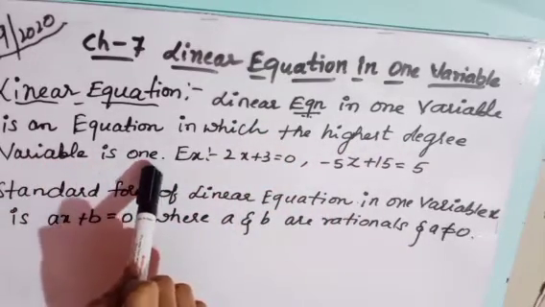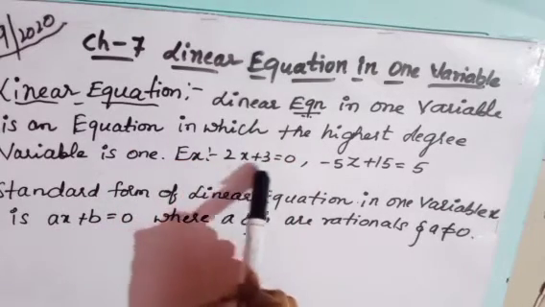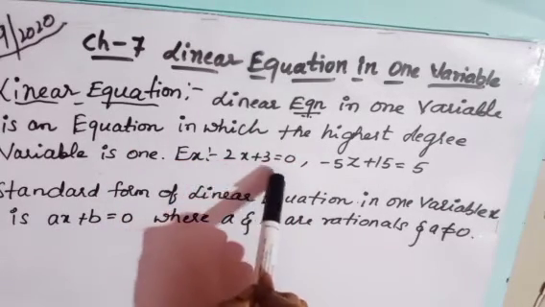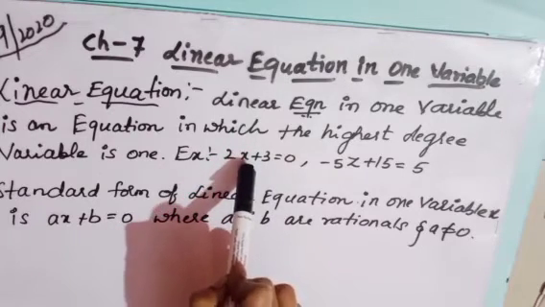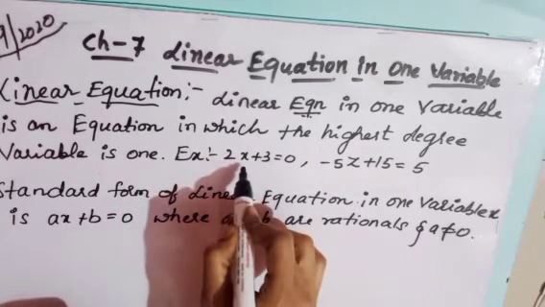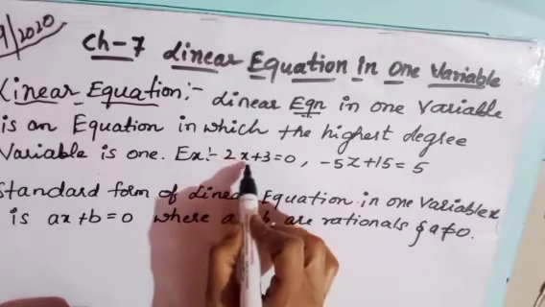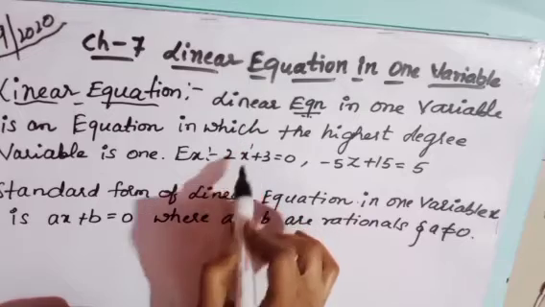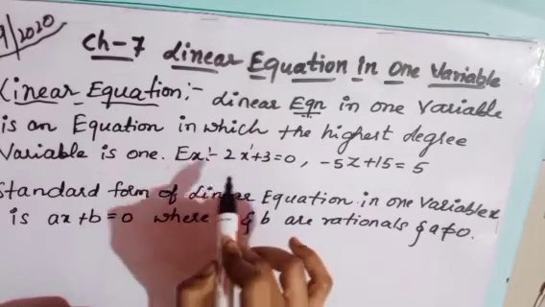By seeing the example you can understand, it is an equation having only one variable whose degree is 1. In this example, 2x plus 3 equals 0 has only one variable whose degree is 1. So 2x plus 3 equals 0 is called a linear equation.